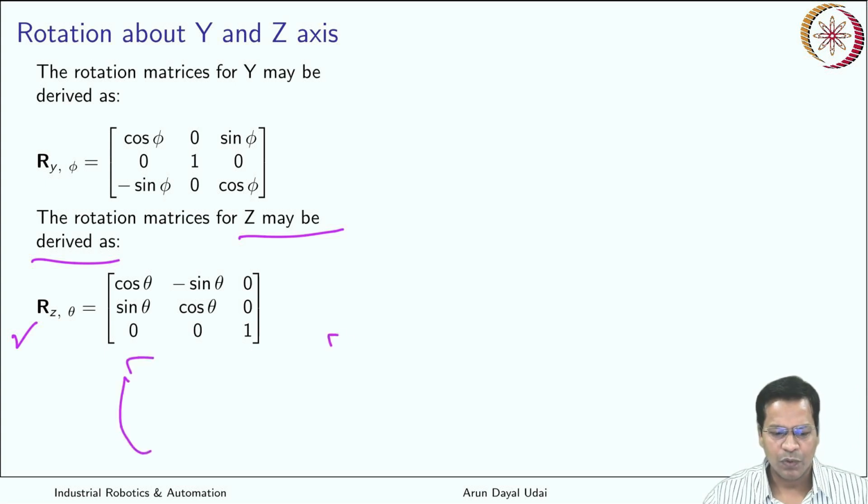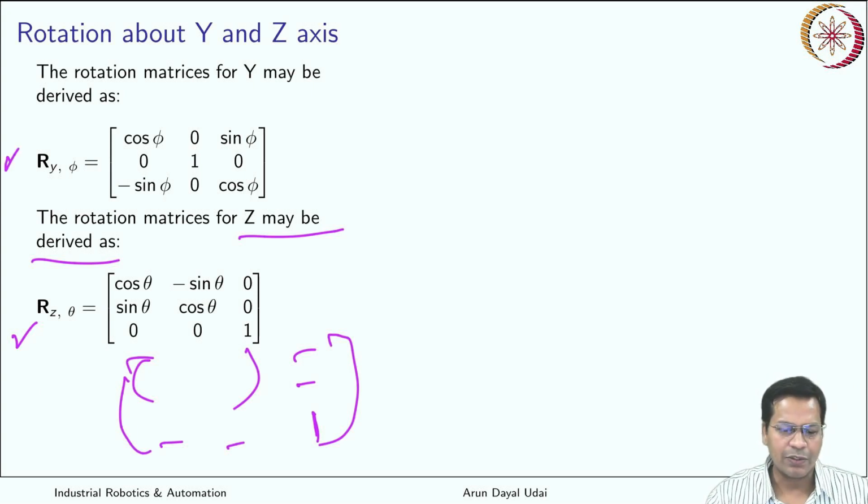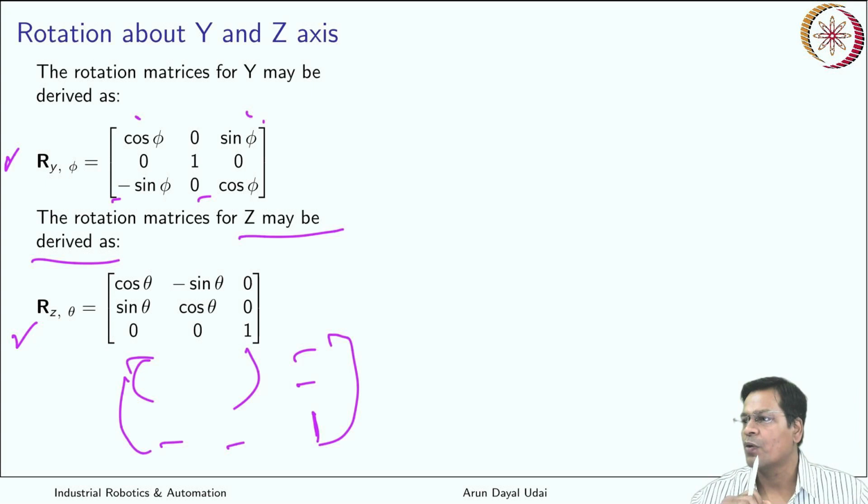This is equivalent to 1, this should change, and the corresponding row and column will go to 0. So it is cos, minus sine, and cos theta. Similarly, in case of y, it is cos, sine, minus sine, cos. Only this has changed its sign. Otherwise, it is the same. So this is your rotation matrix.